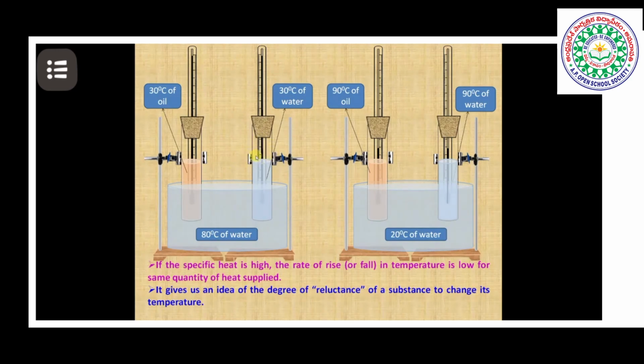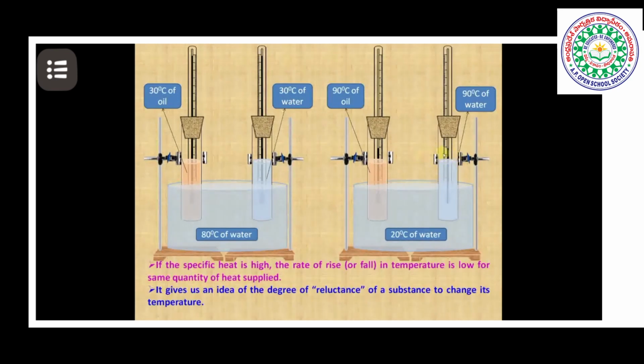That means if the specific heat is high, the rate of rising or falling in temperature is low, for the same quantity of heat supplied. In the first activity, the rise of temperature in water is very slow, and in the second, the falling of temperature in the water also takes place slowly. It comes down very slowly.